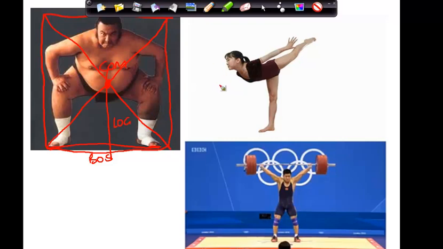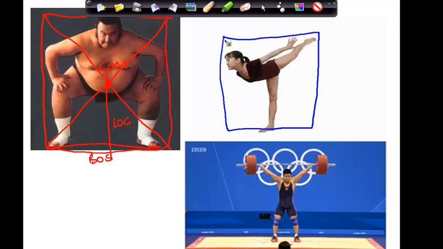Alright, if we were to move on and look at the gymnast balancing on one foot, let's get a different colour, guys. Once again, we need to find the centre of mass, so we need to draw a line, and then we need to draw a diagonal of where it intersects. Her centre of mass is about here.